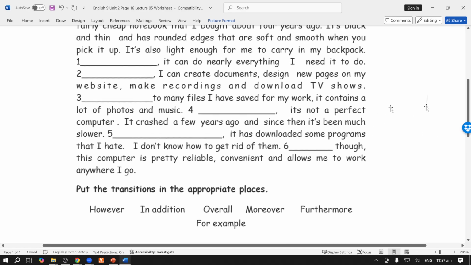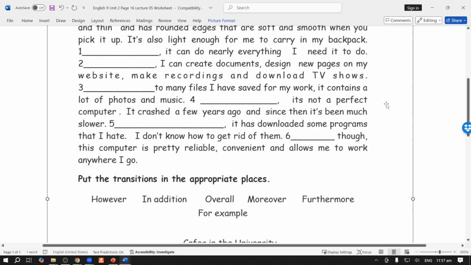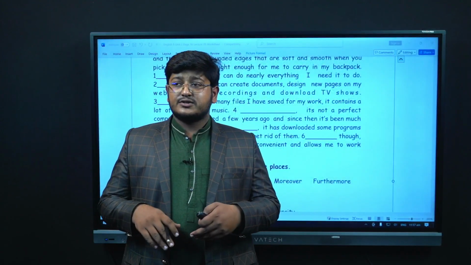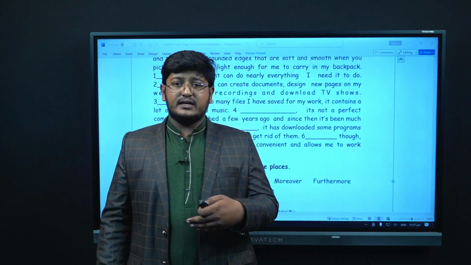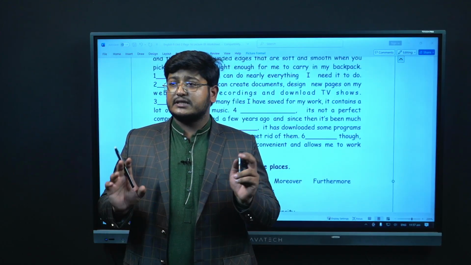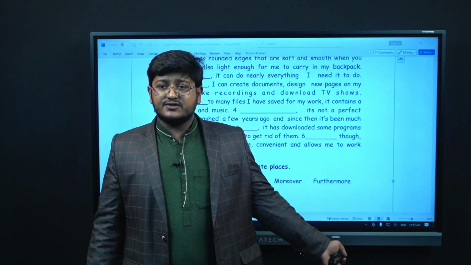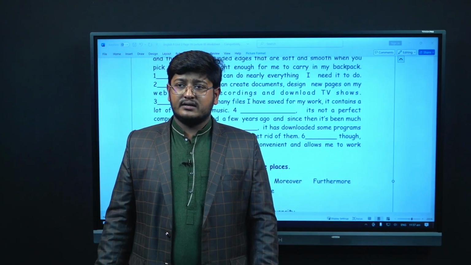If we read the previous line, it's also light enough for me to carry in my backpack. However, it can do nearly everything I need it to do. So I don't think so. However is not an appropriate transition word because it doesn't present that meaning, because however in Urdu means tahām. So there we are not making a contrast. So that's why we don't use however there.